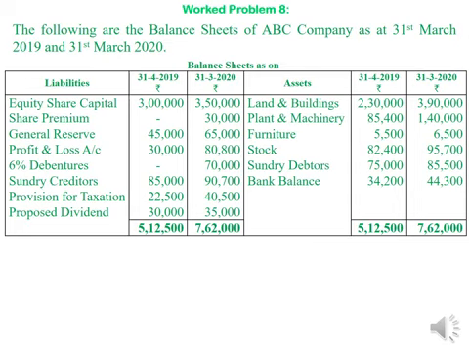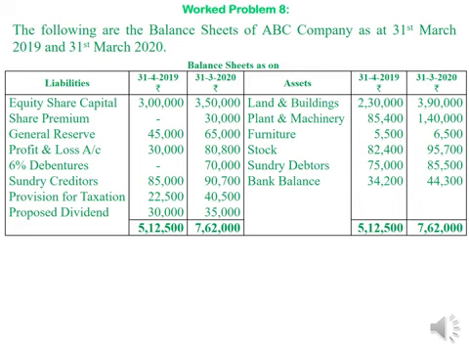On the asset side, land and buildings rupees 2,30,000 and rupees 3,90,000. Plant and machinery rupees 85,400 and rupees 1,40,000. Furniture rupees 5,500 and 6,500.